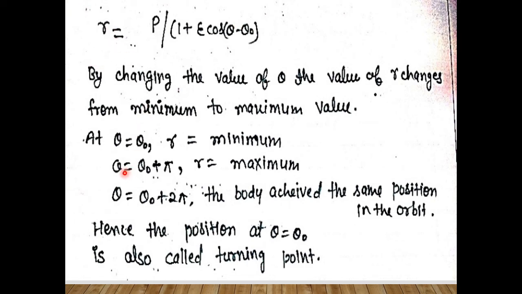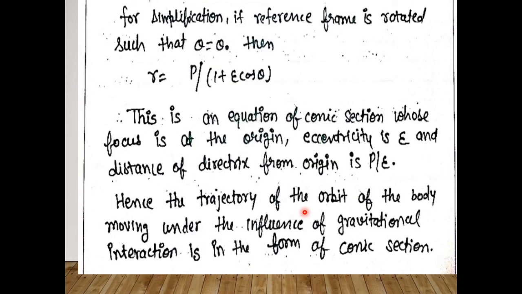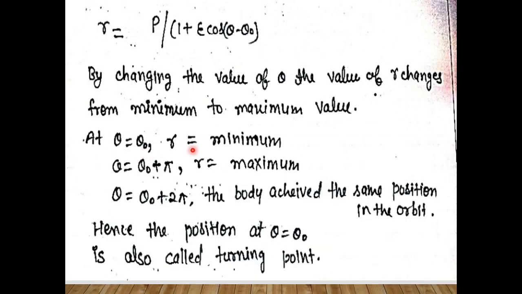If we take theta equals theta 0 plus pi, then r will be maximum because the denominator will be minimum. And when we put theta equals theta 0 plus 2 pi, the body achieves the same position in the orbit. So this position theta equals theta 0 is called the turning point, because of this we are taking the values of r. Now for simplification, if the reference frame is rotated such that theta equals theta 0, then what will be the condition when theta equals theta 0?